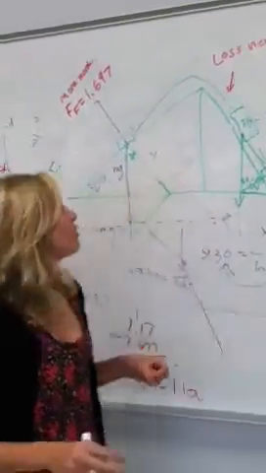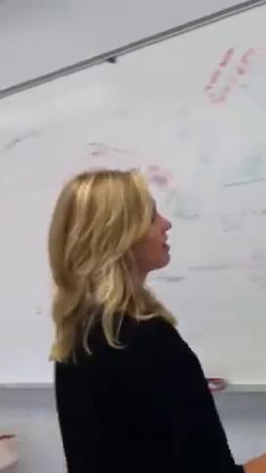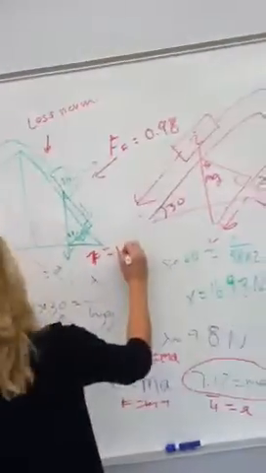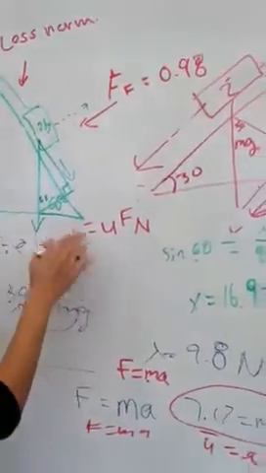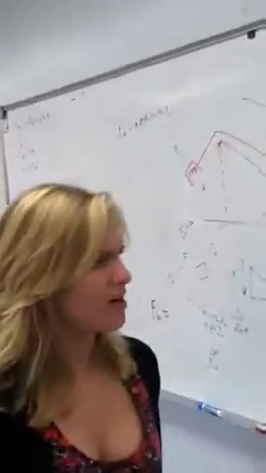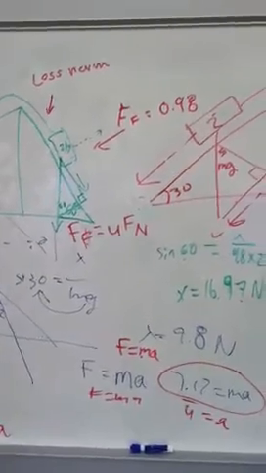For part 2 of the problem, we have to know this formula: the force of friction equals the coefficient of friction times the normal force. They gave us the coefficient of friction.